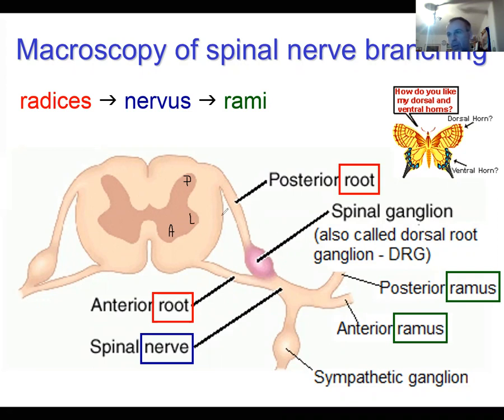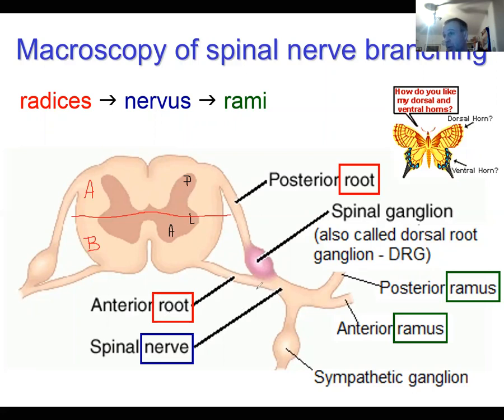And if you remember, during development we had the sulcus limitans, which divided the neural tube into a dorsally located alar plate and a ventrally located basal plate. And this still remains here, so we can see that the anterior horn will be motor, and it's the most ventral part, so somatomotor. On the contrary, the posterior horn is the most dorsal part, so it will be somatosensory, and the lateral horn will be autonomic, both visceral motor and visceral sensory.